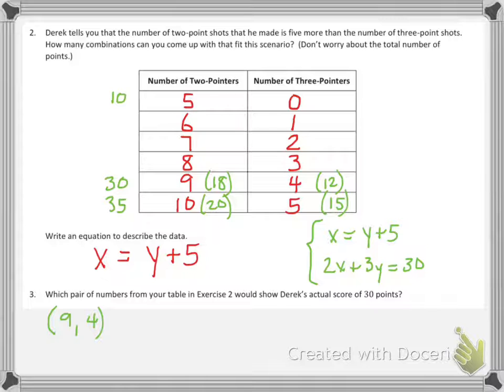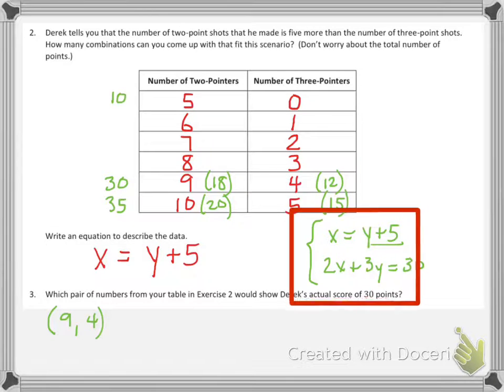They're also called systems of equations. With simultaneous equations, we have to add up 2-pointers and 3-pointers so they equal 30 points, but we also have to consider that the number of 2-point baskets was 5 more than the number of 3-point baskets. So we have to consider that as well. And so that's what we're going to do today, talk about simultaneous equations, and this is how we're going to write them. We're going to make them look just like that.